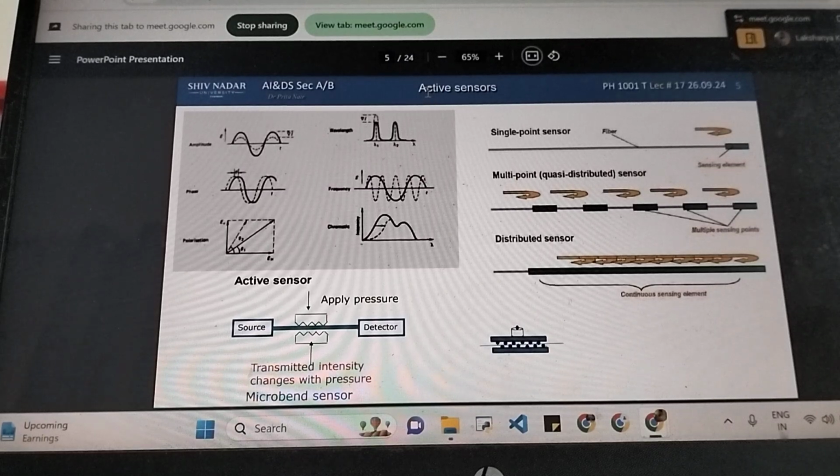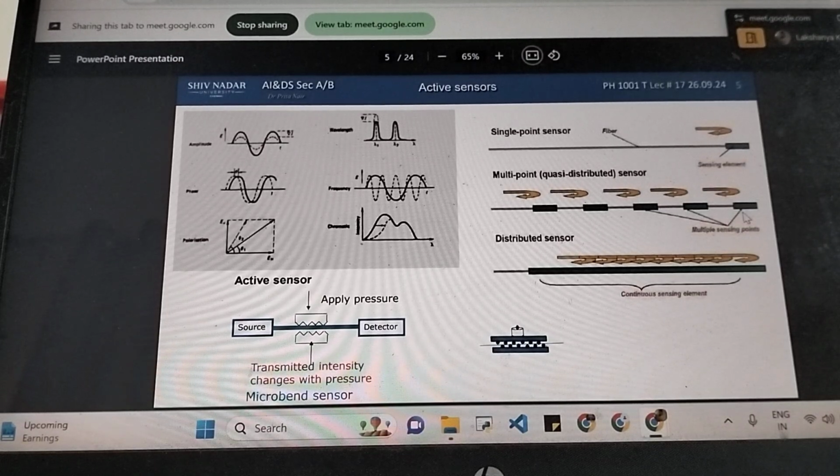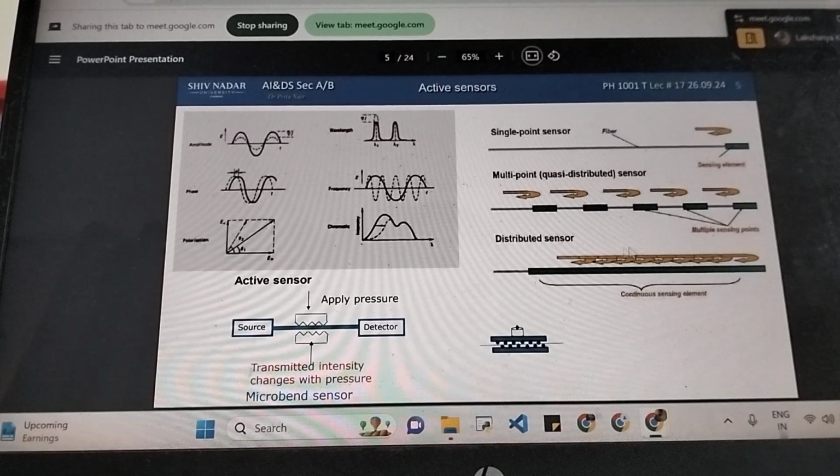So coming to active or intrinsic sensors, there are different types: single point sensor, multi-point sensor, and distributed sensor. What it says is, the single point sensor, the sensor is located only at one location. This is your entire cable, so the sensing element is located only here. Multi-point sensor, the sensing element is located at different discrete points within the cable.